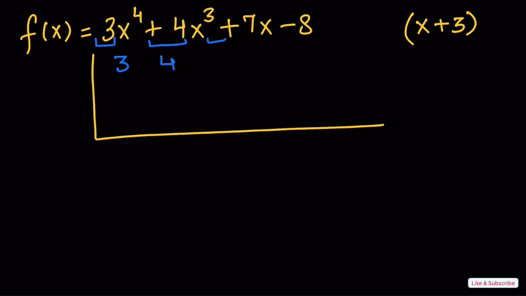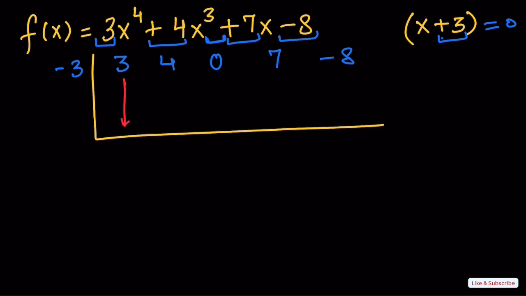Now there is no term containing x squared, but we need to be in the standard form, so I'm writing the coefficient for x squared as 0. The coefficient of x is 7, and the constant term is negative 8. We'll put the divisor equal to 0 and switch its sign. From plus 3 it becomes negative 3, so we wrote it out here.